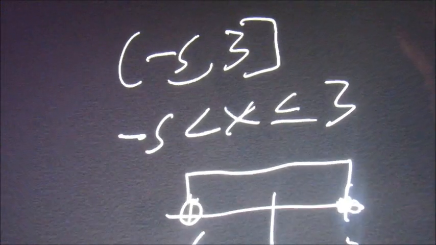Okay, so those are just the basics. Then we're going to do some inequalities. They're not equations because they're not equal, but they're inequalities. And we have some of the same properties as we do with equations.